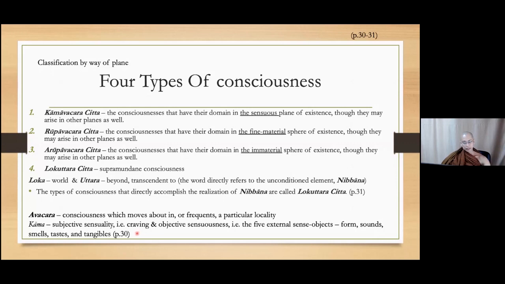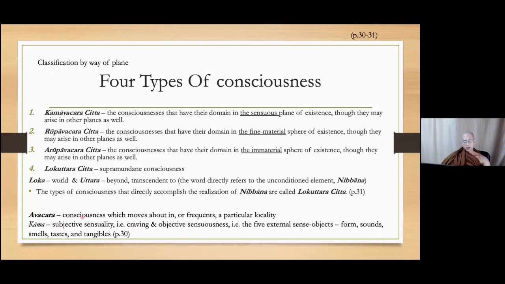And another time, the word Kama refers to the 5 external sense objects, which are form, sound, smell, taste, and tangible objects. So in this way, we can understand the word Kama in 2 definitions, craving and the 5 external sense objects.